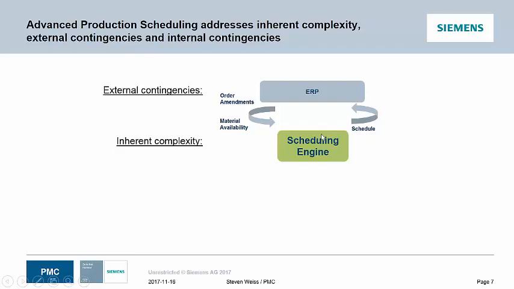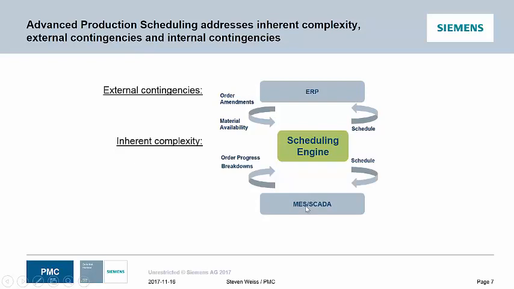Now, generally speaking, the systems that have direct visibility to internal contingencies, such as breakdowns, such as the progress of orders through the system or the lack of progress, as the case may be, go by various names.